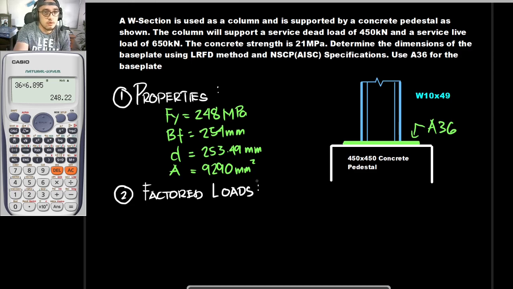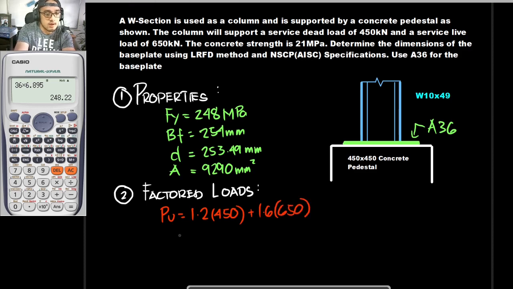Okay, so since we are only to solve for the LRFD, so that is to be PU. PU is equal to 1.2 times dead load, and our dead load would be 450, plus 1.6 times 650.